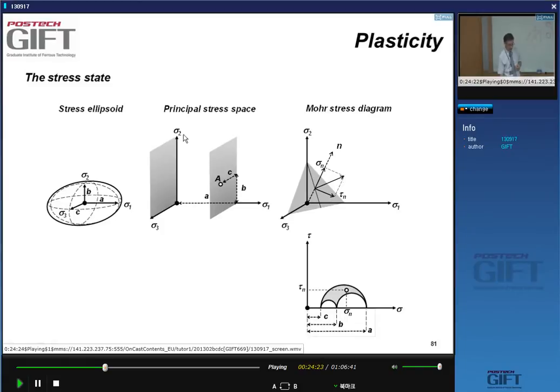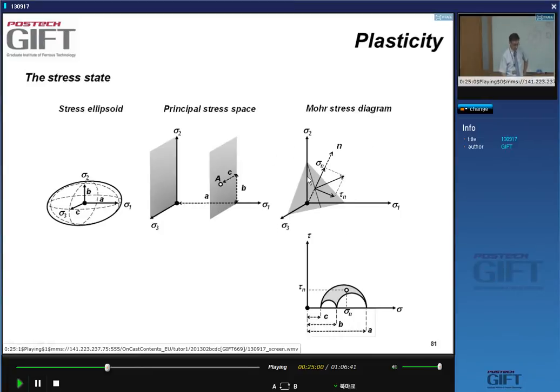So if we look at the principal stress state, in that space we have axes which are aligned along the principal directions, and a stress state, that is the stress on a particular plane here, is defined by this vector from the origin to A, and it has components along the x, the y, and the z direction.